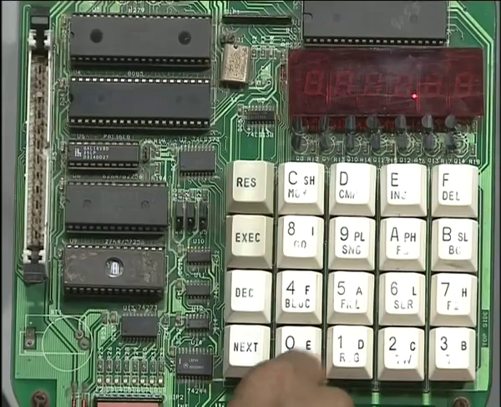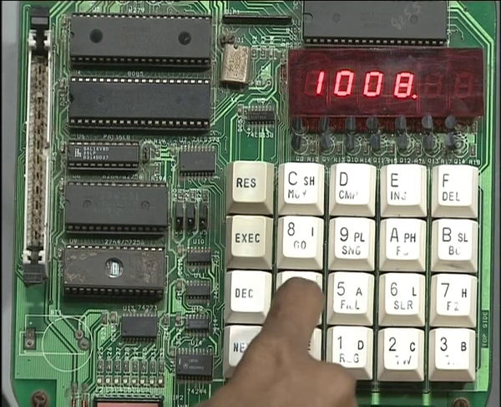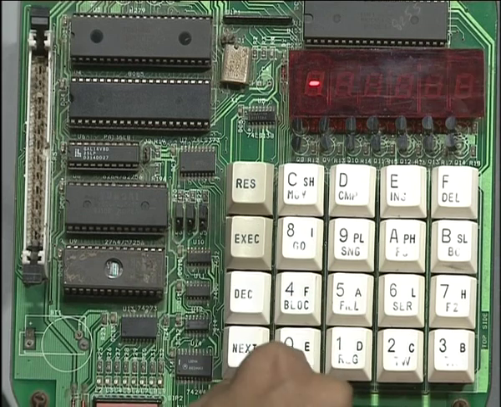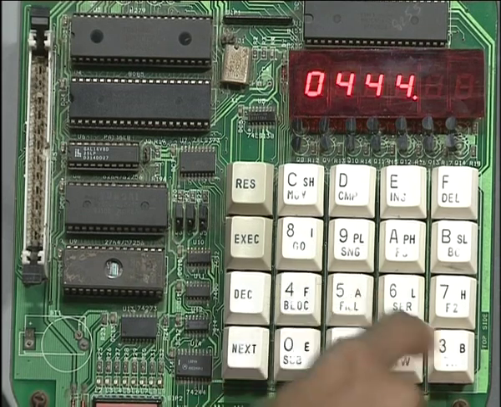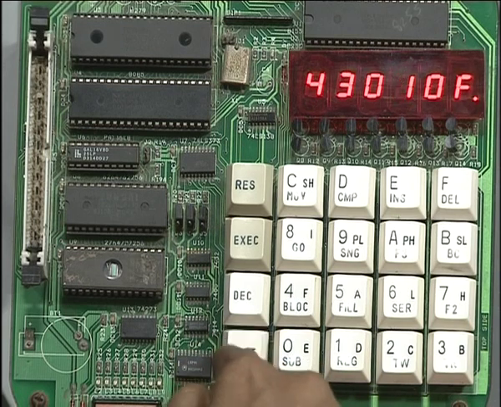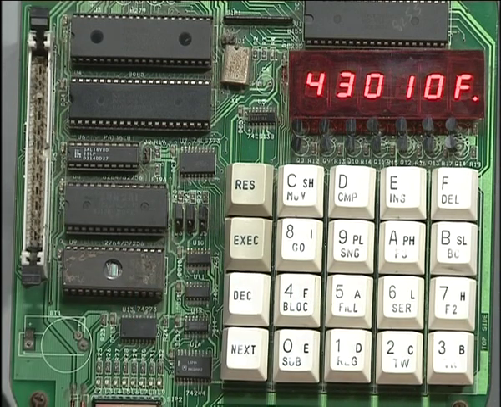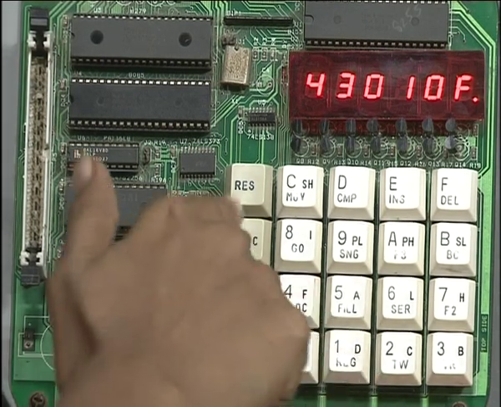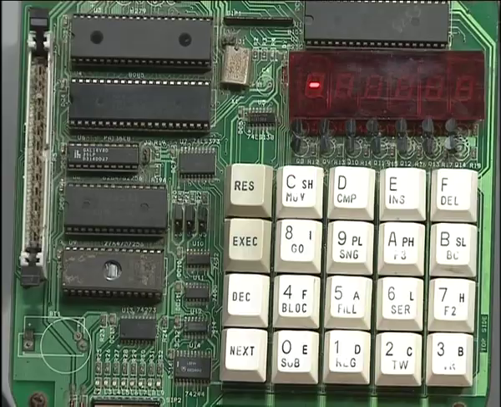Okay. Execute the program. Go 4200. Execute, reset. Now take the resultant at 4300. Next F0 0F. So already we have discussed this in the program. So we got the answer.